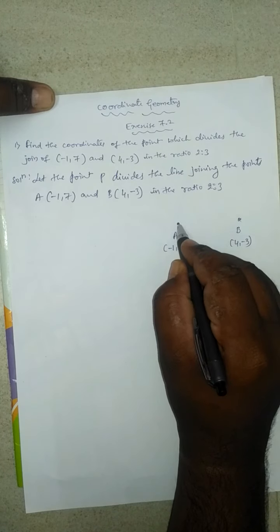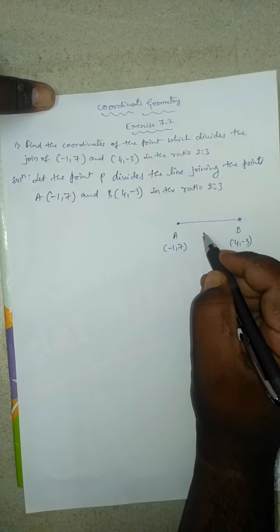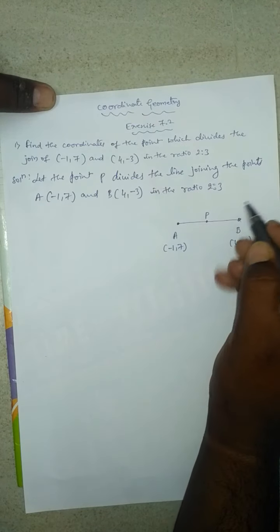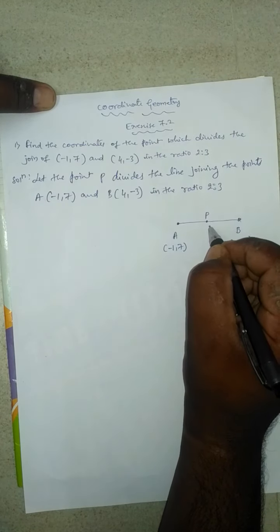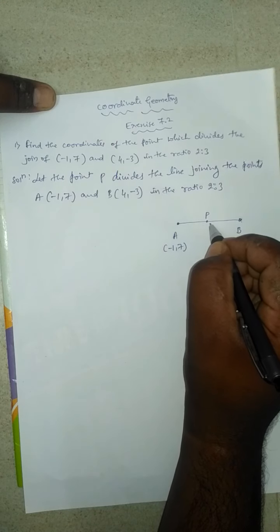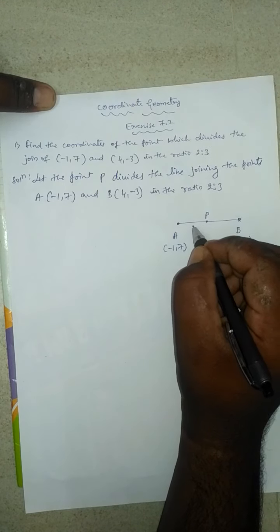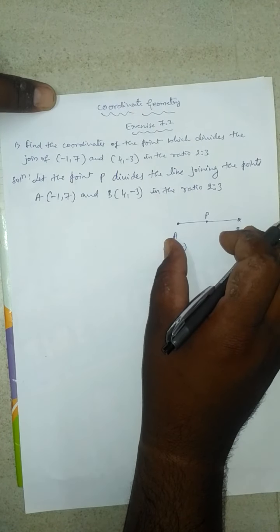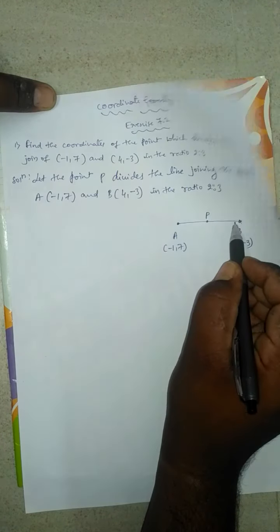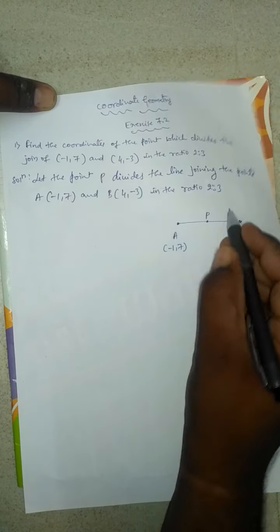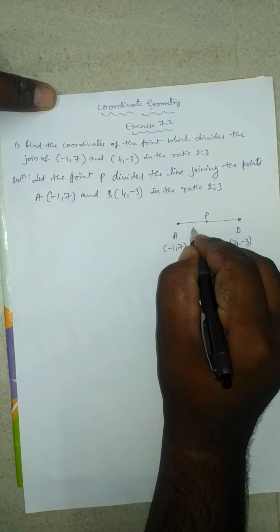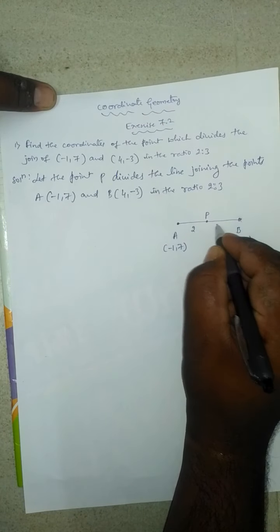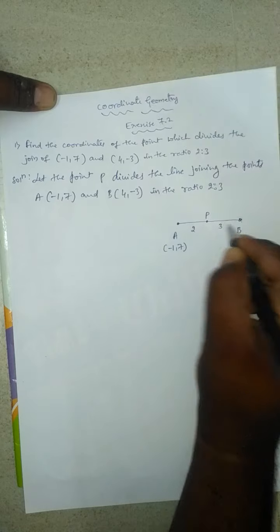If we join these 2 points, there exists another point, that is point P. So we have to find the coordinates of point P. These 2 coordinates form a straight line. On that, P is going to divide in the 2:3 ratio. So AP is 2 units and PB is 3 units.